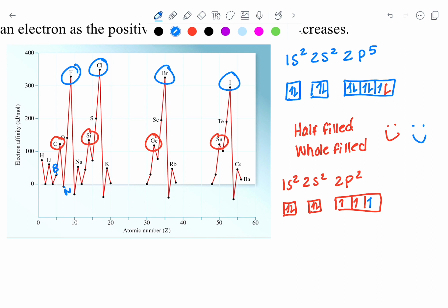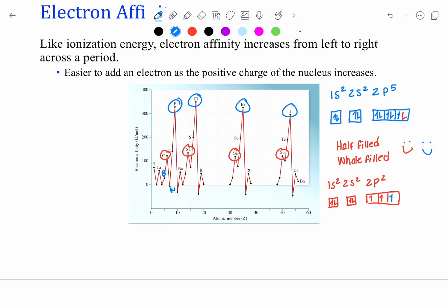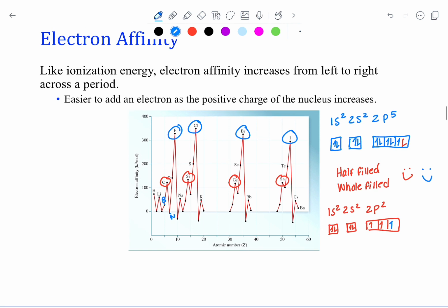Just like ionization energy, you may find it easier to draw out the orbital diagram and think what electron needs to be added, where would it be added to, would that give me a half-filled shell or a whole-filled shell, what would happen there. So just think about where the electrons need to go for both ionization energy and electron affinity, but they have the same trend for the same but opposite reasons.